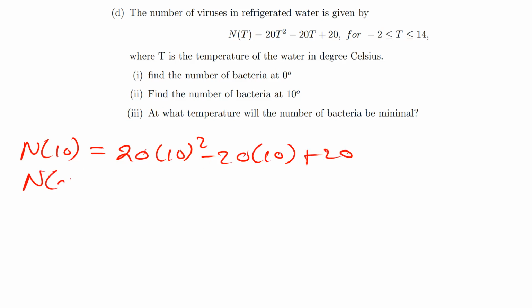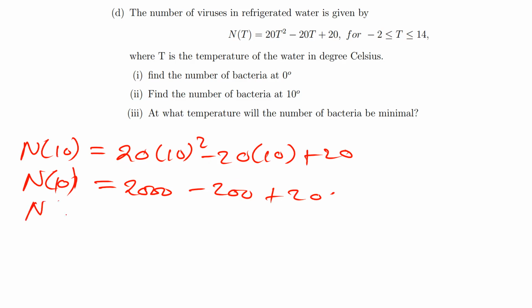That becomes 10 times 10, which is 100, times 20, which is 2000, minus 20 times 10, which is 200, plus 20.